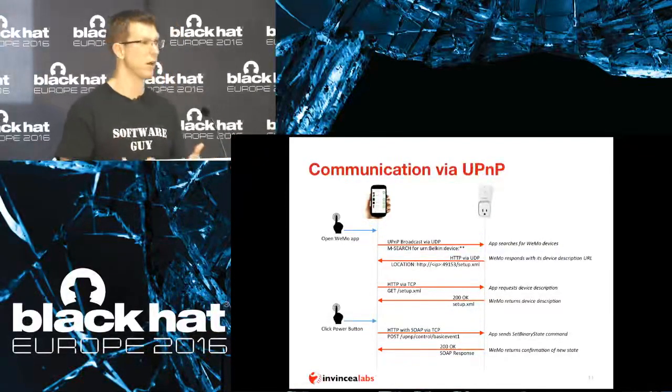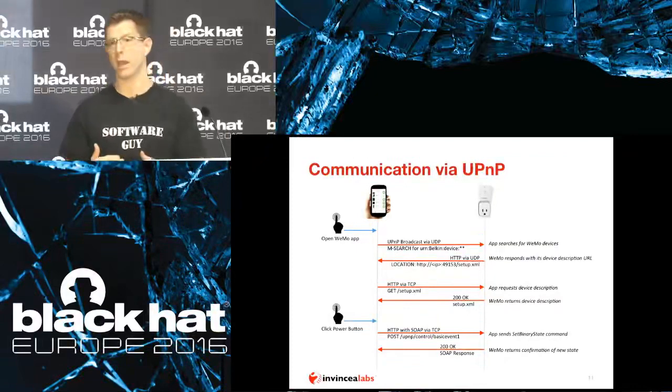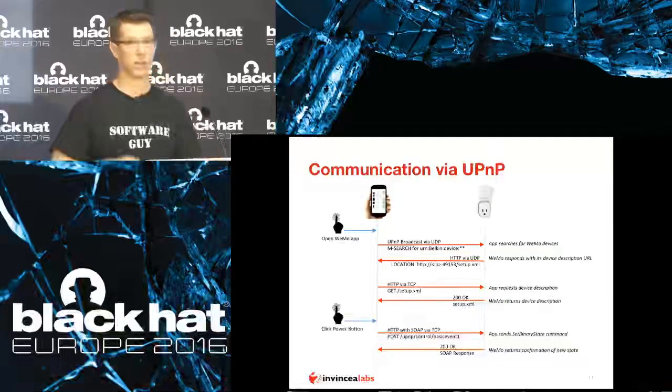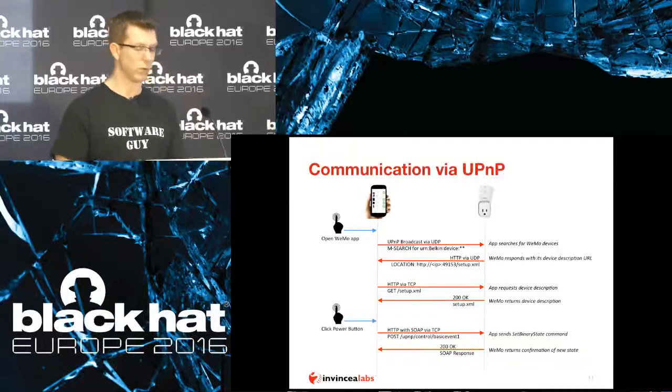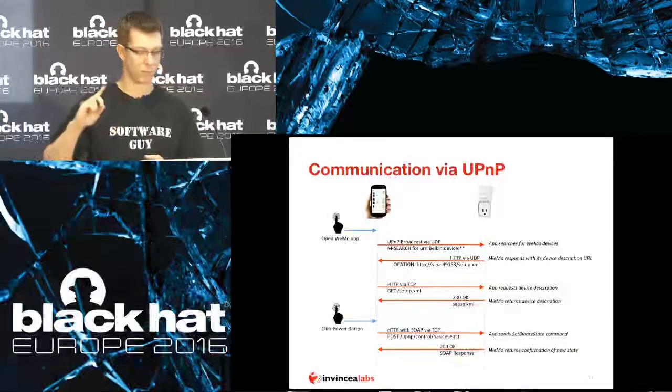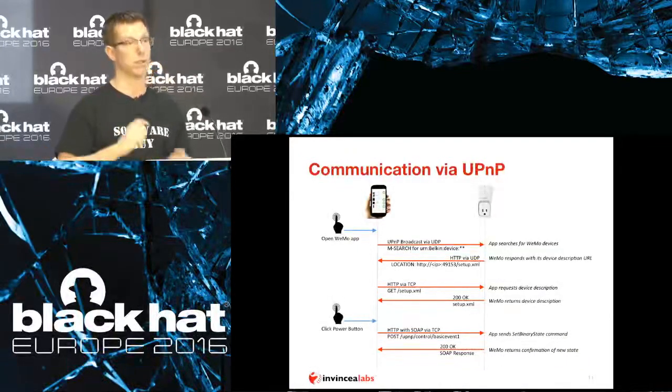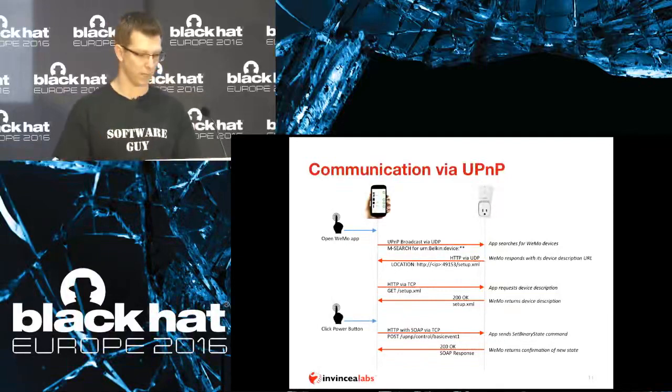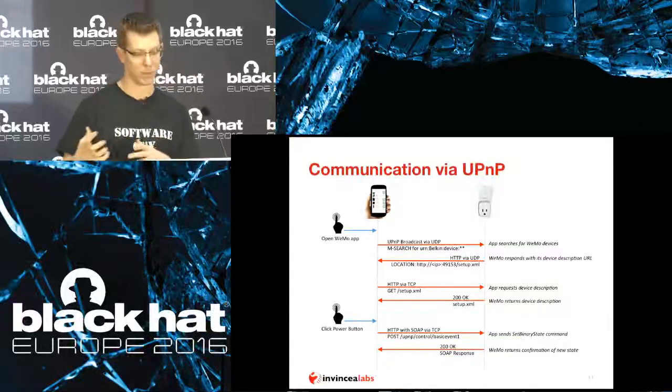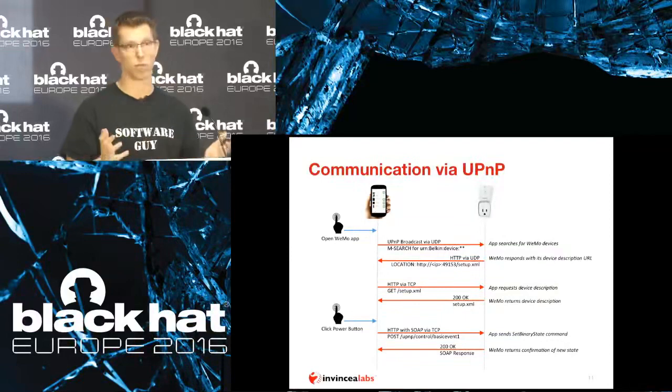Now, the device description file contains all the UPnP endpoints in it, essentially URLs that you send messages to communicate. For example, in the Wemo switch case, if you want to turn the switch on or off, you click that on-off button, and you'll send a UPnP message, an HTTP message over TCP this time, to the UPnP controls basic event 1 UPnP endpoint, and the message itself will actually be the set binary state command. 1 or 0, on or off, right? Setting the binary state. Pretty easy stuff.